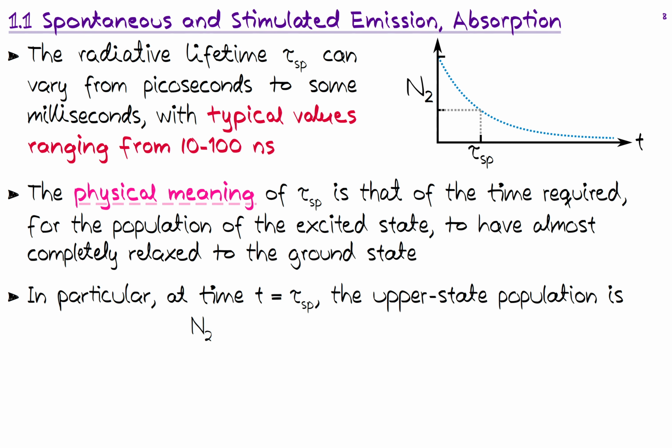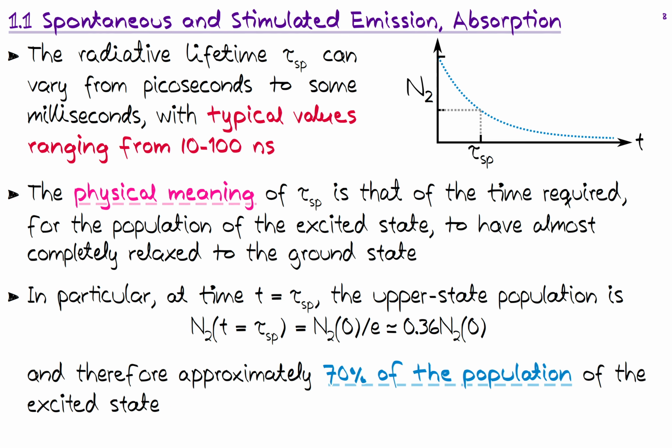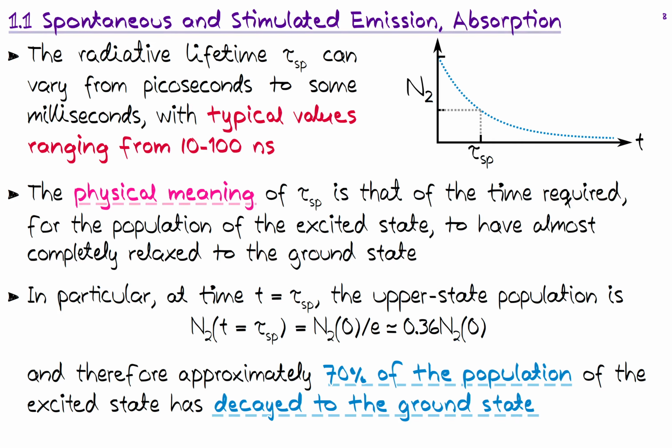So the population of the excited state N2 at a time t equals tau sp is basically the original population at time 0 divided by e. So that's roughly 0.36 times the original N2 population. Approximately, that means that 70% of the population of the excited state has decayed to the ground state after the radiative lifetime tau sp. So that's the physical quantitative meaning of this tau sp parameter.